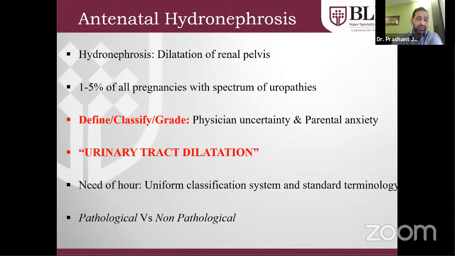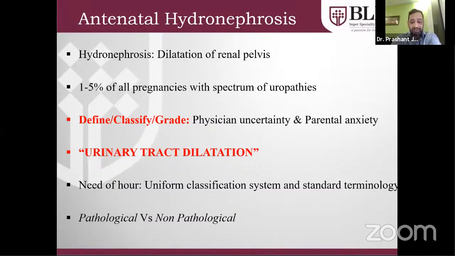It can vary from mild dilatation of the renal pelvicalyceal system to severe dilatation, to severe obstructive uropathies with bilateral hydroureteronephrosis. But still, there is a lack of consensus as far as the definition, the classification, and the grading of hydronephrosis is concerned. And this always adds to physician uncertainty and parental anxiety.